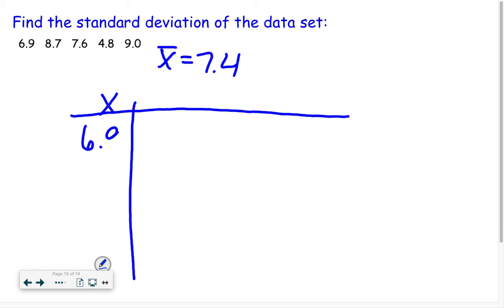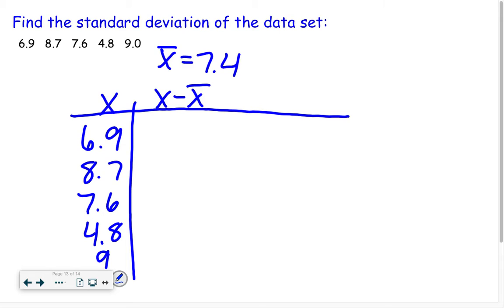Copy them down. Doesn't matter at all what your order is. Next thing I do, subtract each value from my mean. So take each value and subtract 7.4. Okay, you work on those values.